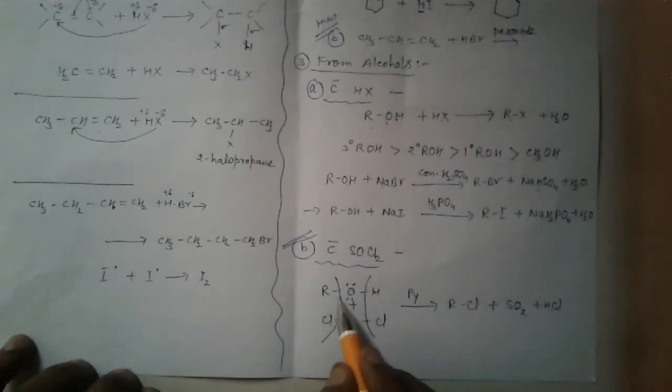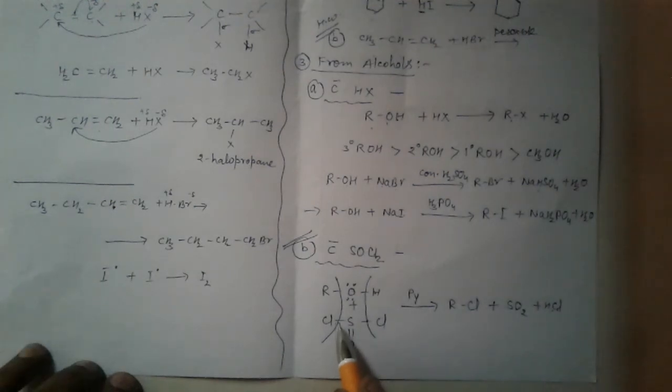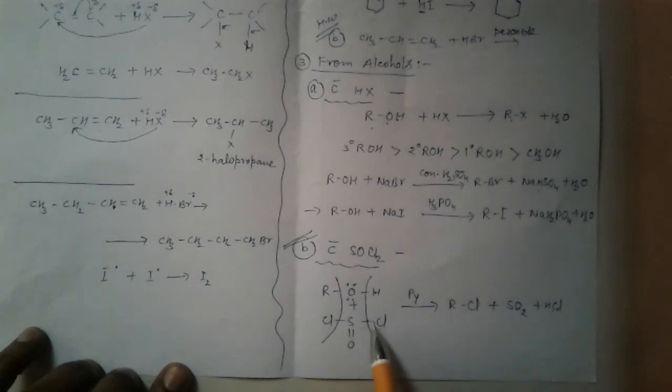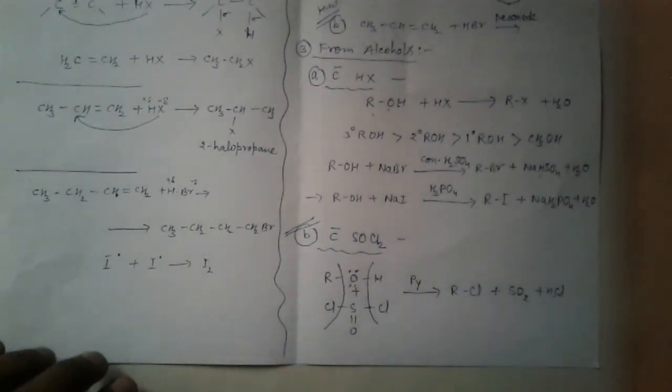Here, one sigma bond of carbon oxygen bond is cleaved with one sigma bond of sulfur chlorine bond. Then alkyl chloride is formed. Similarly, one sigma bond of oxygen hydrogen bond is cleaved with one sigma bond of sulfur chlorine bond. Then HCl is formed. It is known as Darzens reaction.